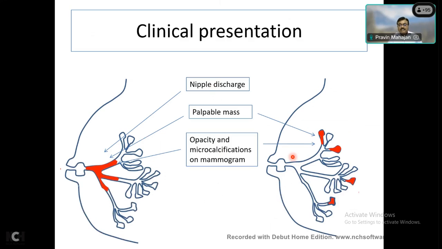Whereas the lesions in the periphery can present as a palpable mass. Also, the retroareolar lesions can present as a palpable mass, and both these locations have lesions which on radiography you will see as opacities as well as microcalcifications.